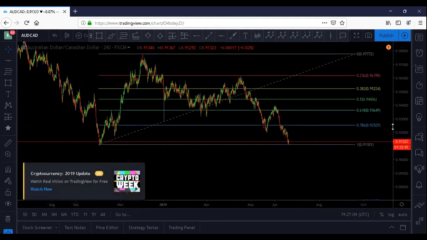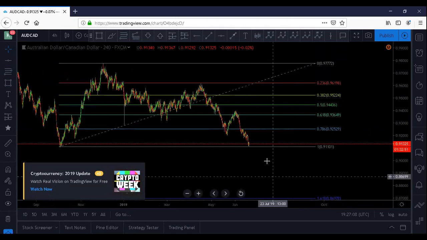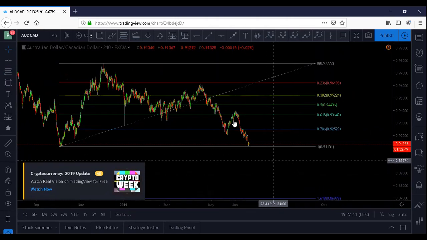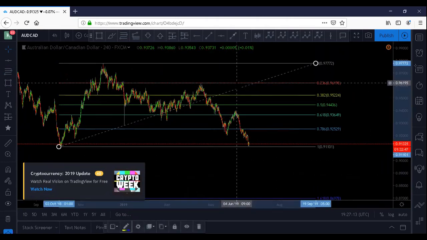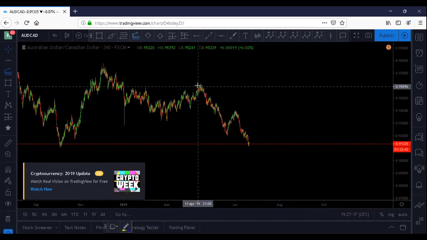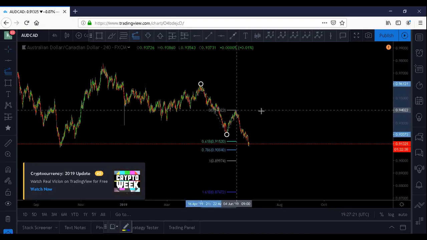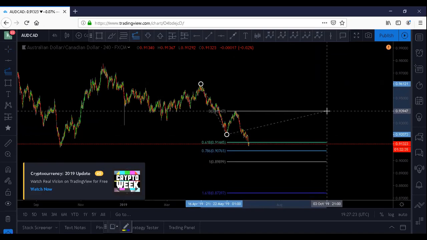What's nice about Fibonacci? You can even use Fibonacci expansion, even though you don't have any price action in this area, to give you the same level. Fibonacci expansion has 3 points. Those 3 points are like this.